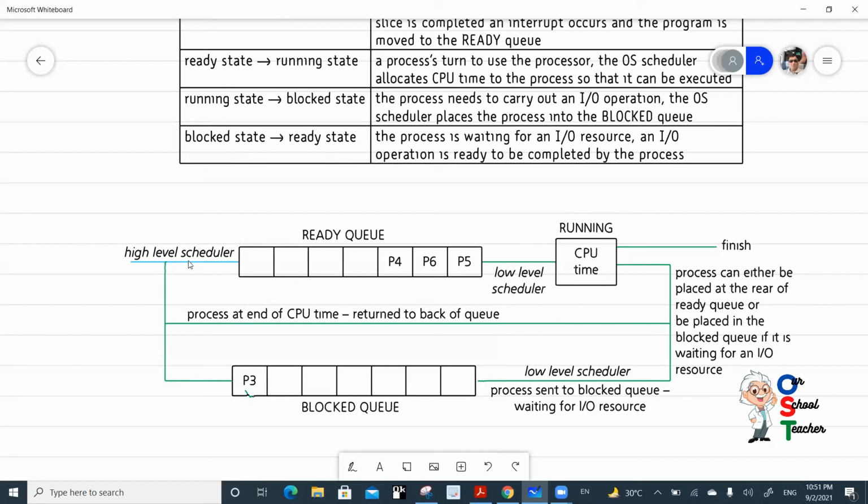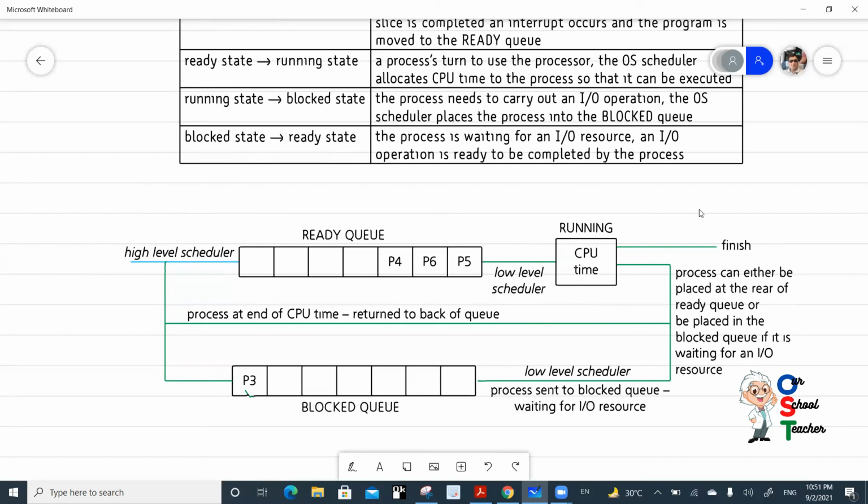So this is how the process is moving from one state to another state using different queues, and this is done by the scheduler, and the scheduler is being divided here into two parts: high level scheduler and low level scheduler. Low level scheduler is giving time of the CPU, and high level scheduler is putting the process in the queue so that it could be given CPU time.